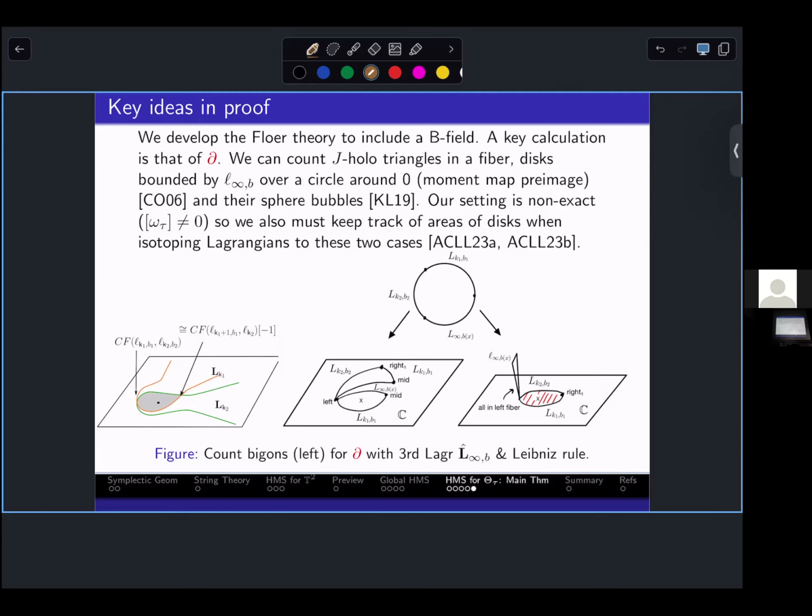And then that's something that we can finally count. And we just keep track of how the area changes otherwise. There are also sphere bubbles here, but Cannizzo have figured out what those are. Our setting is not exact, so we must also keep track of areas of disks when isotoping Lagrangians to these 2 cases, which we have a couple of papers where we talk about how to do that.